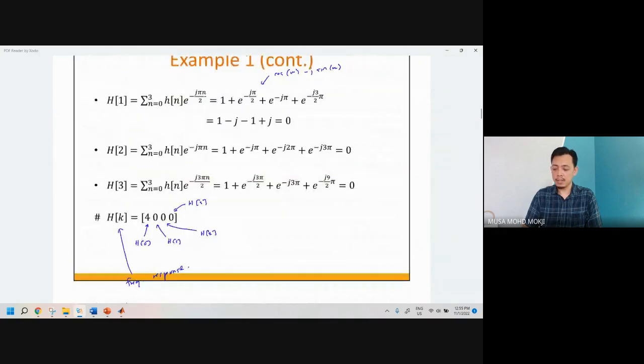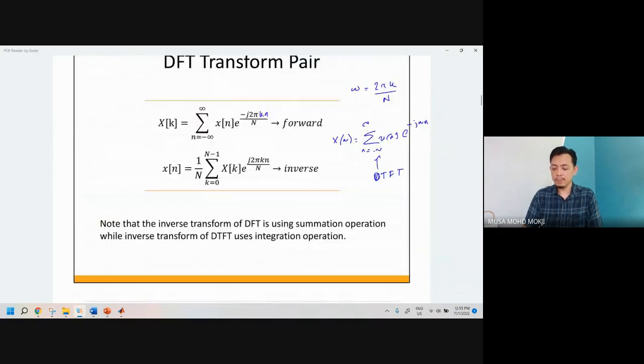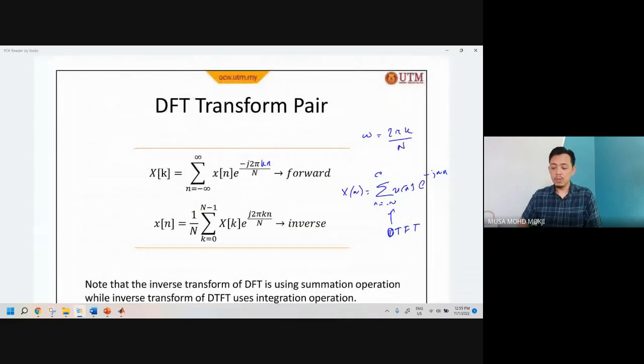So if you realize previously in DTFT, we don't really do inverse. Okay, if you do inverse, you will convert that into a Z transform first, the system function, and then referring to table, you do the inverse Z transform. Okay, by referring to table.